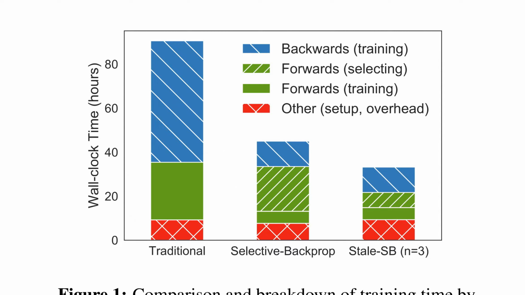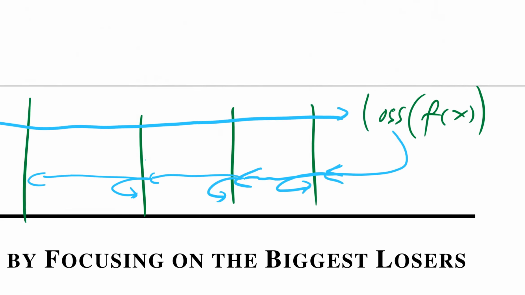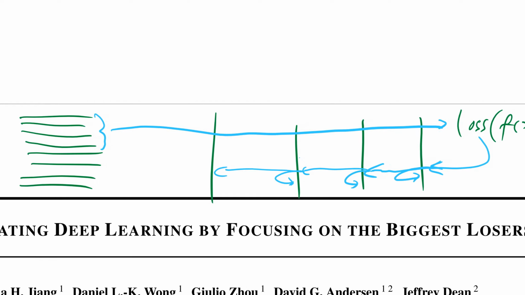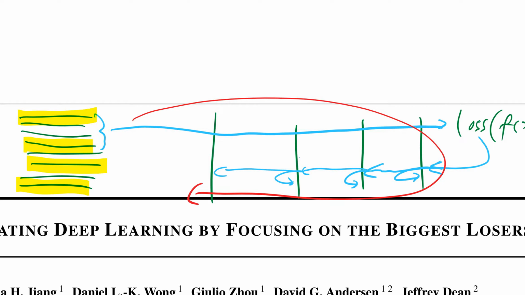So what they propose is the following. Well, if the backward pass is expensive, and we do it here for each data point in these mini batches, why don't we stop doing this and only try to select examples that are important? And once we have selected the important examples, only those examples get to do the backward pass.